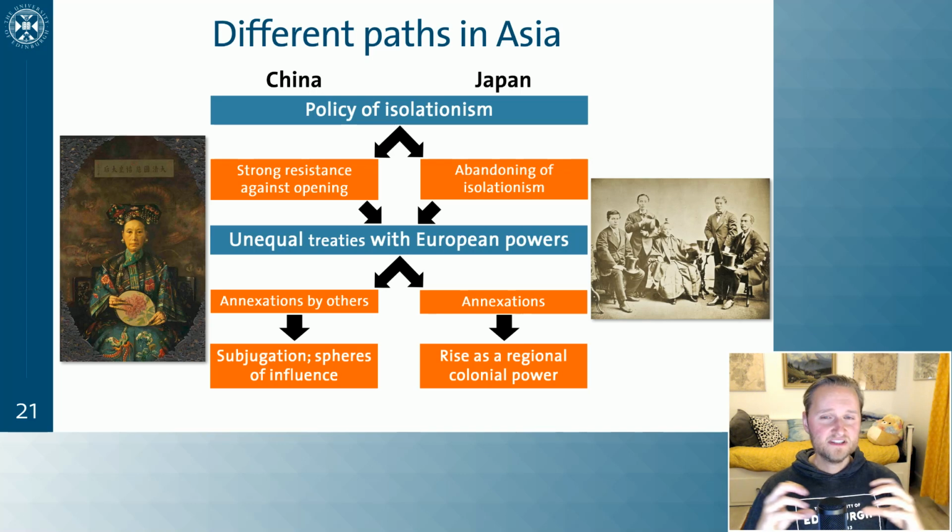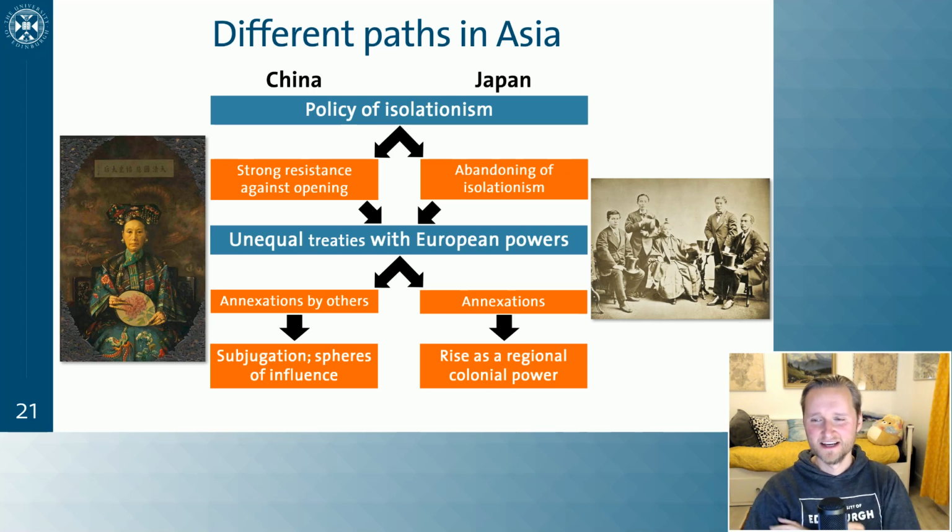Now, both of these nations signed very unequal treaties with the European powers that were vastly superior in military strength to them. But because they had these different strategies on how to interact with the world, the fact that both signed unequal treaties with colonizers didn't result in the same end result.